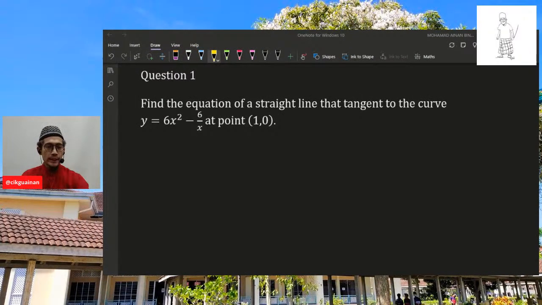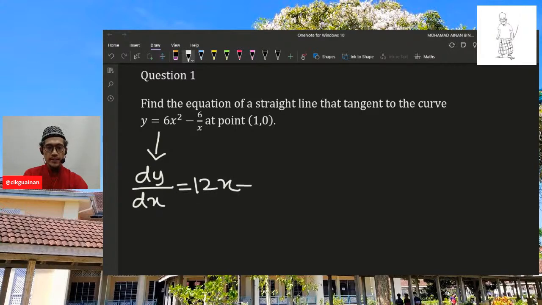First thing first, we have to differentiate this curve. So we get dy/dx equals 12x minus... this one actually we are going to change into y equals 6x squared minus 6x to the power of minus 1.